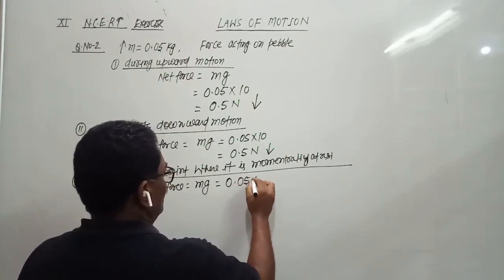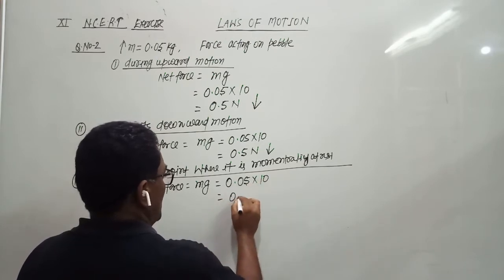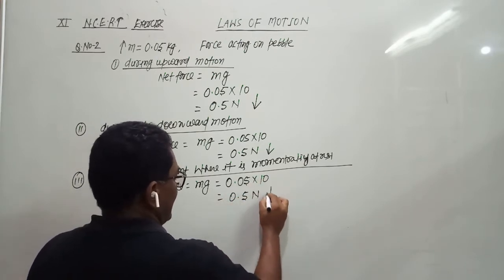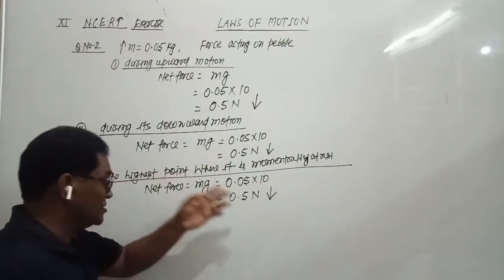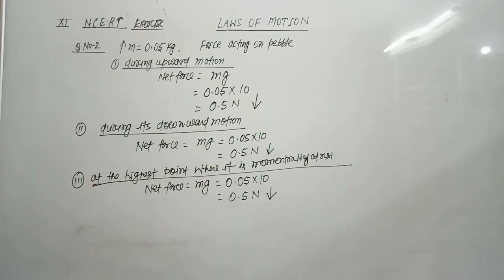Mass is 0.05 into 10, which is 0.5 Newton, and the direction of this force in this situation is also downward.